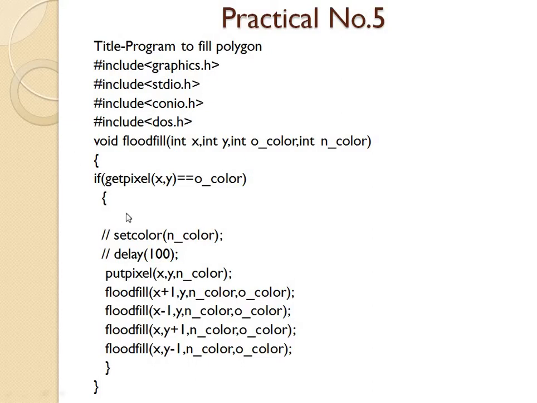If getpixel(x, y) is the old color, then putpixel(x, y, new color), and this is the 4-connected region, that is the flood fill of x plus 1 y, new color, old color; x minus 1 y, new color, old color; x y plus 1, new color, old color; x y minus 1, new color, old color.